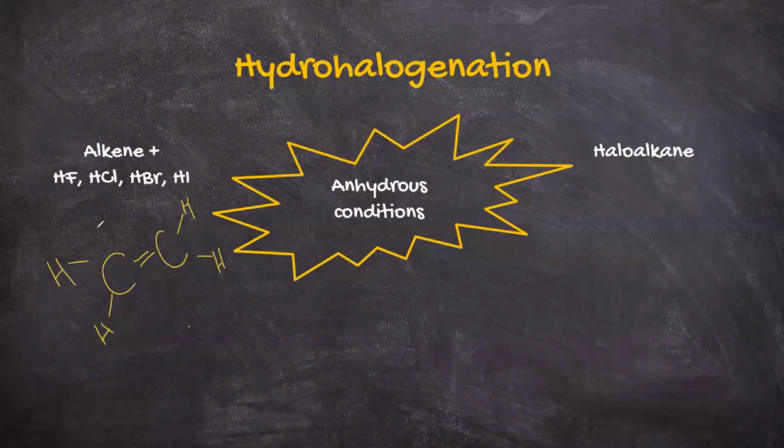HF. The electrons that are in this double bond, remember there's two electrons here. So there's one electron there and one electron there. The electrons that are in this double bond are going to pull this double bond open and form a bond with H and a bond with F. And you're going to end up with this.